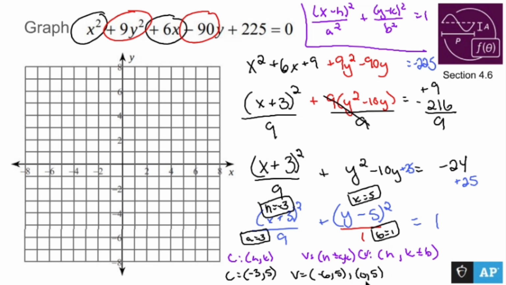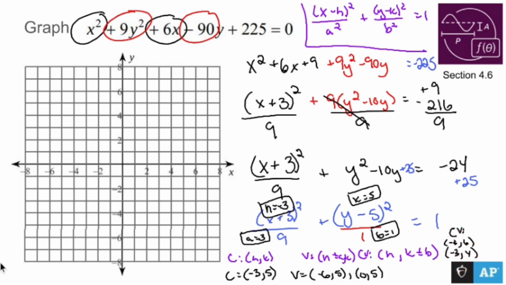I still come up with the same thing. My covertices, which I'm going to write here because I'm out of space, are going to be h, which is negative 3, k plus b, so 5 plus 1, and h, which is negative 3, k minus b, so 5 minus 1 is 4.